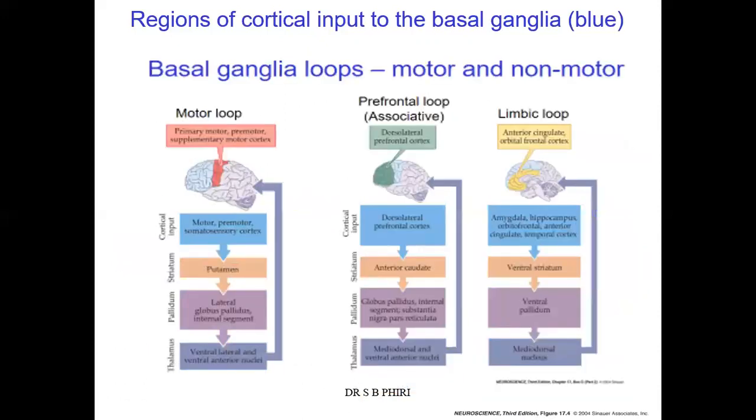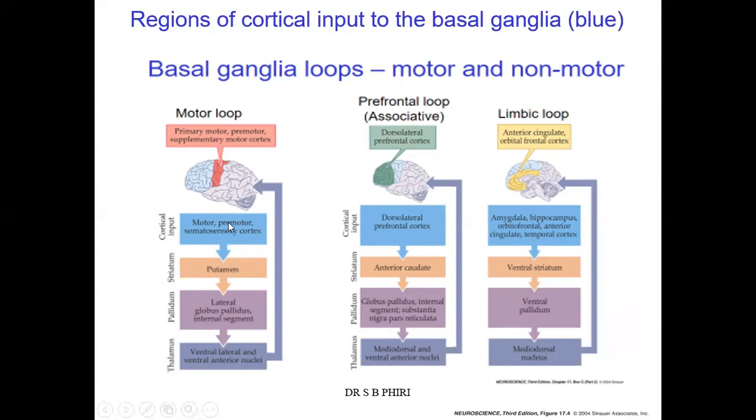From different portions of the cortex, you can see that you have the motor loop. This motor loop is mainly neurons originating from the primary motor cortex, the premotor cortex, and the supplementary motor cortex. These neurons are projecting to the striatum.